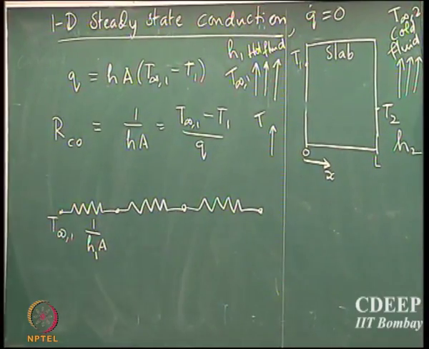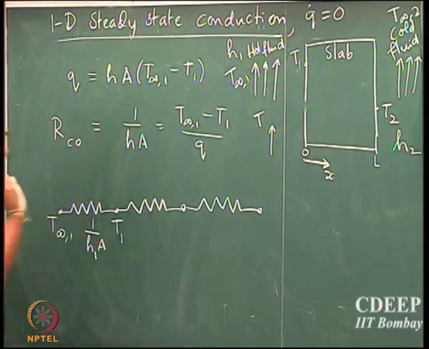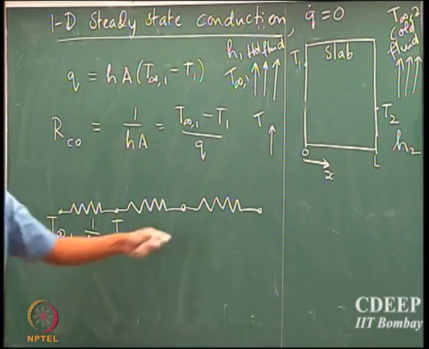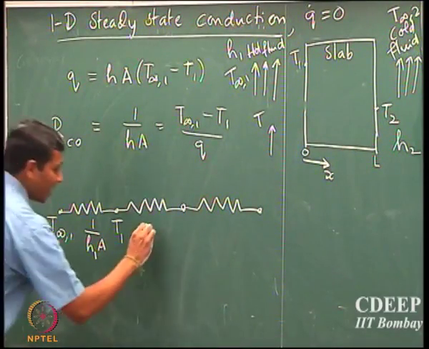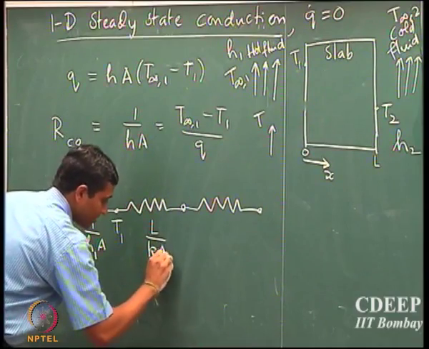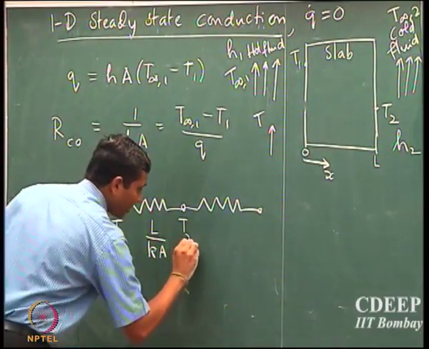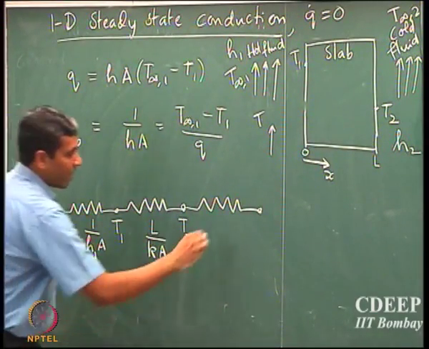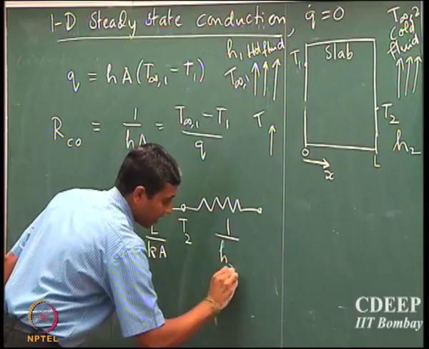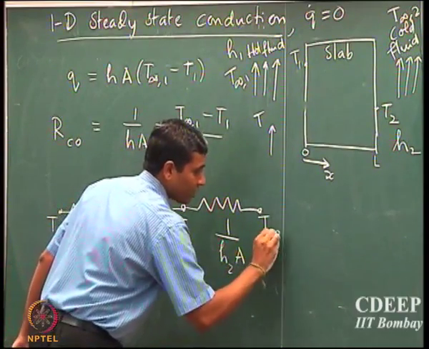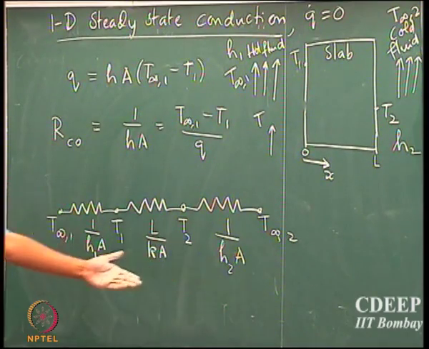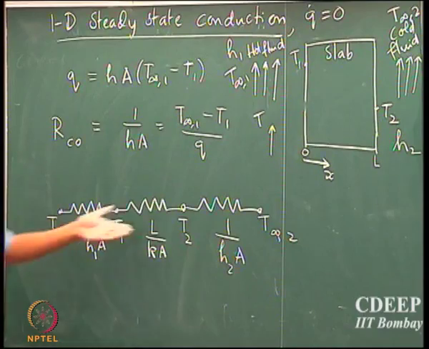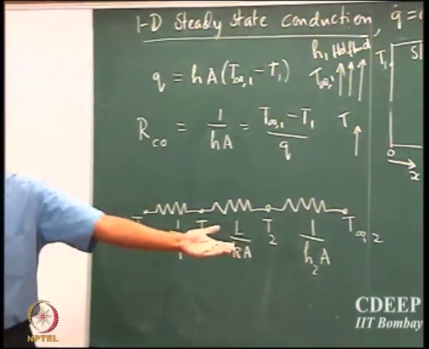The temperature at the boundary is T1, and the resistance offered by the slab for heat transport inside the slab is given by L by Ka. The temperature on the boundary is T2, and similarly the resistance here is 1 by H2A. So you can almost read out what the resistances are. That's the power of the resistance method that you've learnt in your electricity lessons. You can read out the properties and present them in terms of the network.